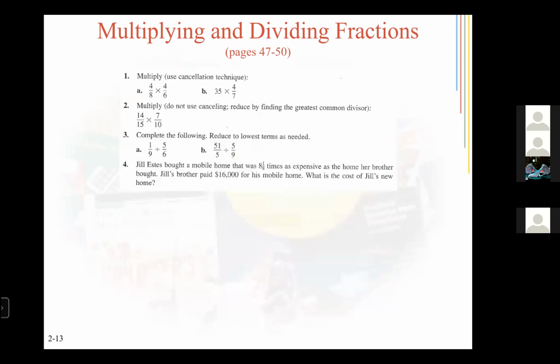We want to look at some examples using the steps that they mention. If you look at number 1, it says 4 over 8 times 4 over 6. They say use the cancellation technique. What's the cancellation technique?